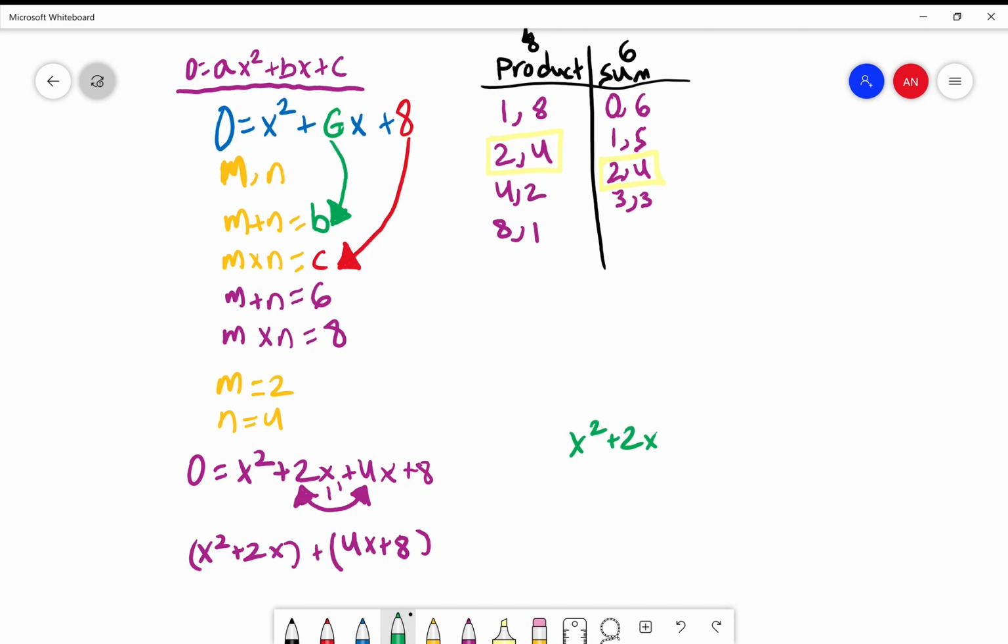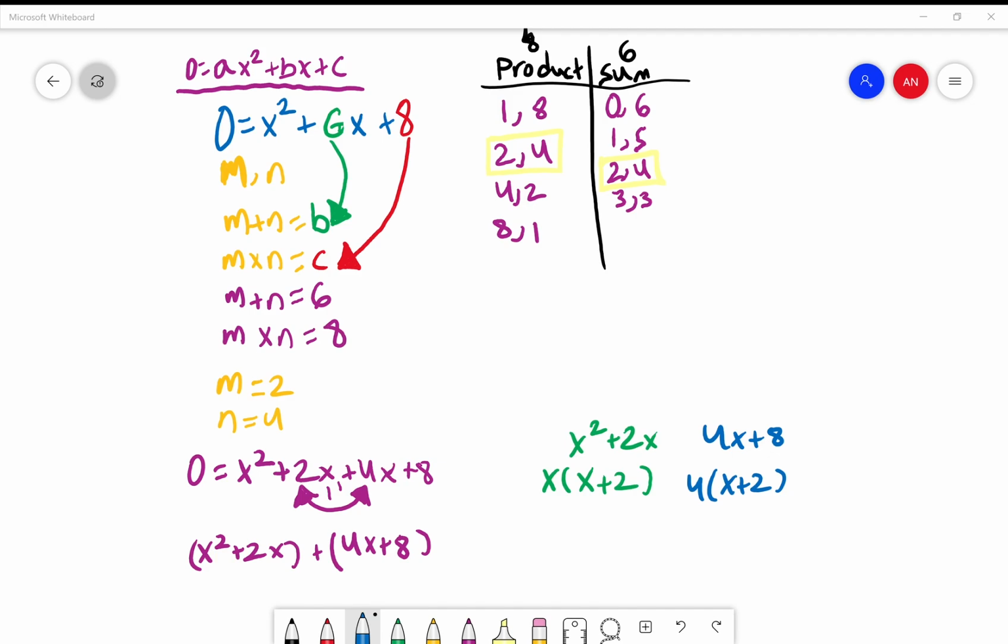I see x, so we can put x on the outside and we can put x plus 2. And then the next one, 4x plus 8. The common factor is 4 because there's 4 in 4x and there's 4 in 8. So 4 times x plus 2, because 4x divided by 4 is x and 8 divided by 4 is 2.